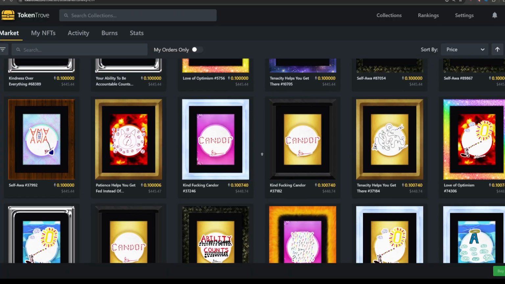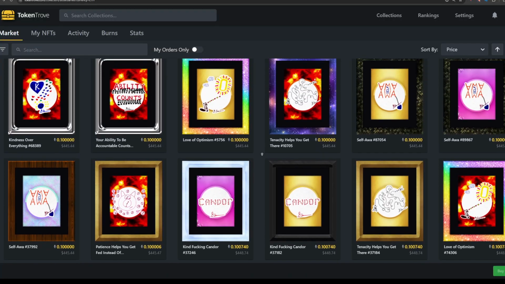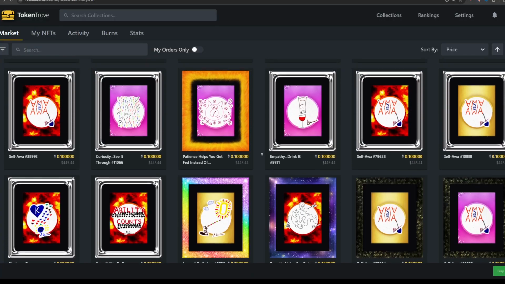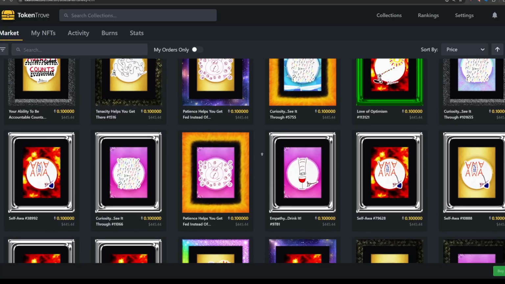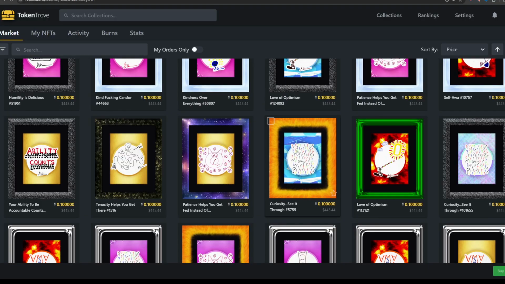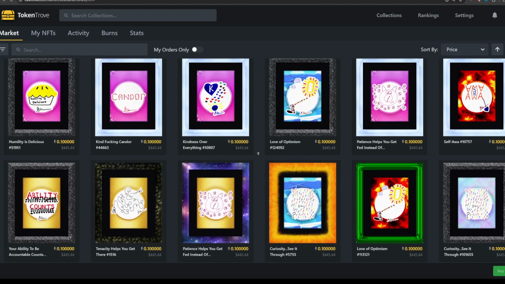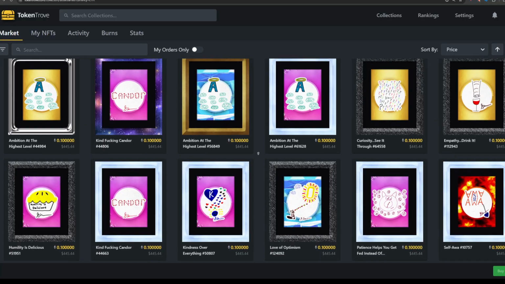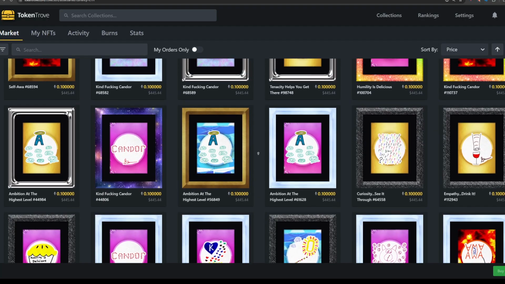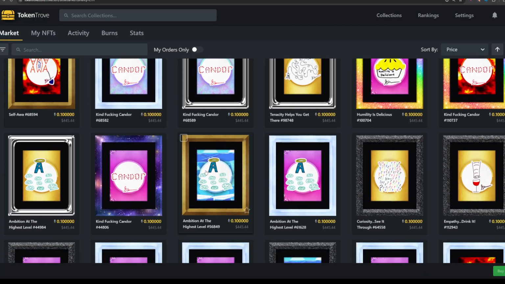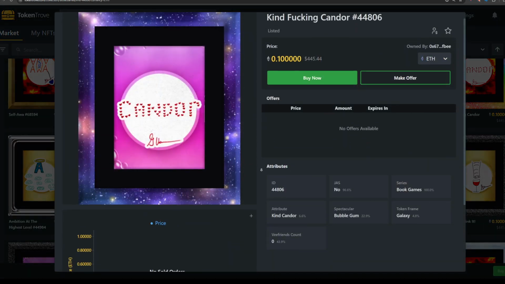Scrolling, just looking for anything that stands out, anything that just seems like it might be interesting to take a look at the order book for the token in question. I like this one. But we already did a curiosity, so let's continue. Interesting. That Candor actually looks intriguing. What's going on with this token?